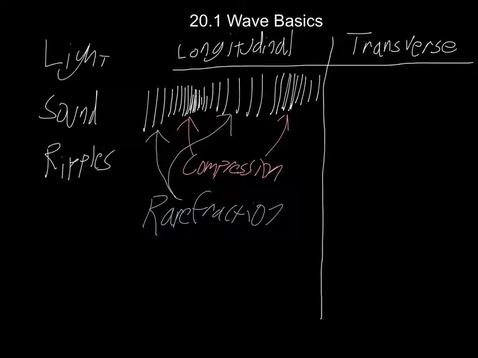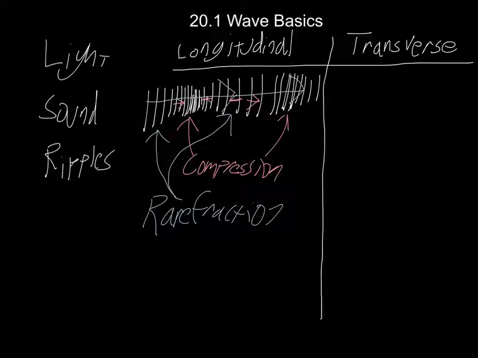So a longitudinal wave, the wave here overall is traveling to the right, so this arrow is the direction of the wave travel, and the compression and rarefactions are happening left to right. So we have a compression here, and then we have a rarefaction here.